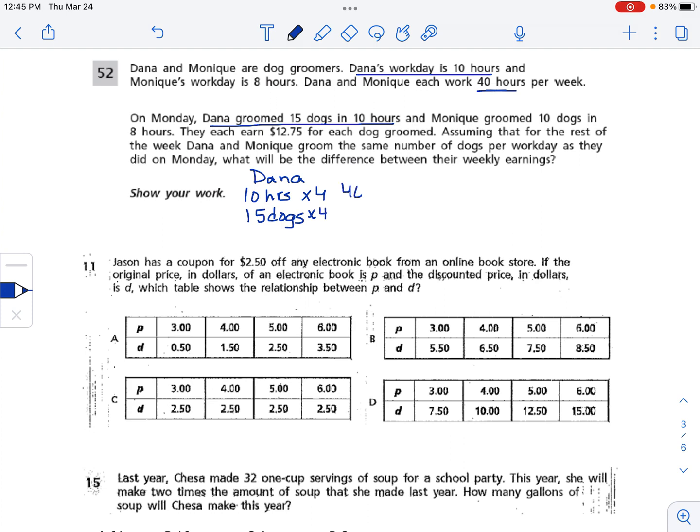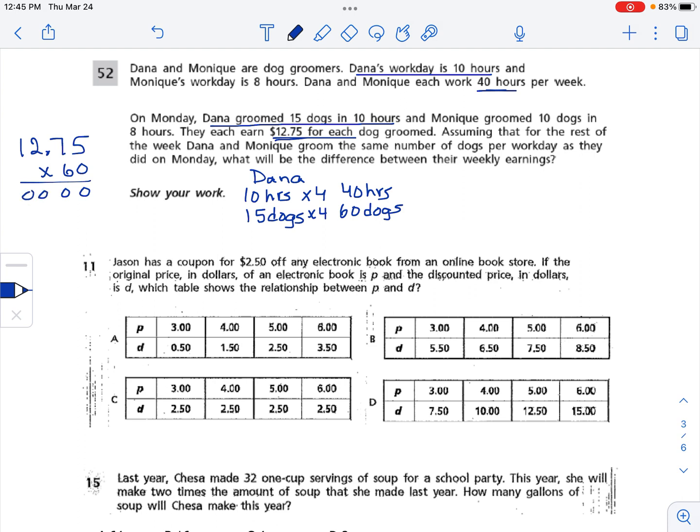So that would give her the full 40 hours. And 15 times 4 means she has groomed 60 dogs. Okay, well, we have to multiply the $12.75 for each dog groomed by 60 to figure out how much money she's earning. So $12.75 times 60.